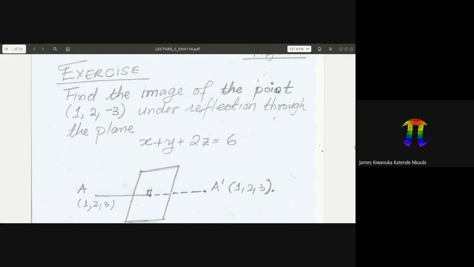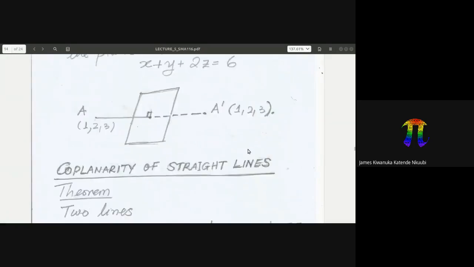You are supposed to find the image of a point 1, 2, -3 under the reflection through this plane. So basically, you have to find this vector, this point, and another point on the other end, which is the same distance from the plane.